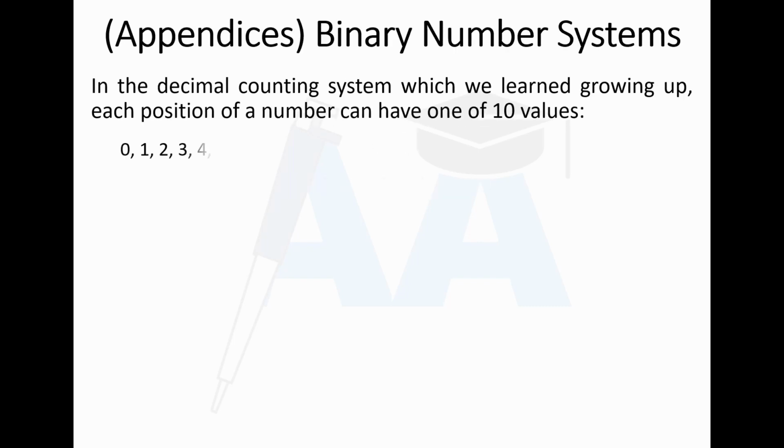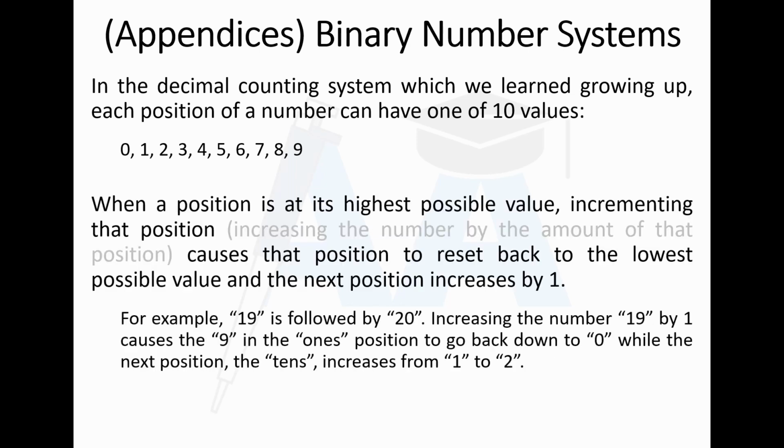So, binary numbers. In the decimal number system, which we learned growing up, each position of a number can have one of 10 values: 0, 1, 2, 3, 4, 5, 6, 7, 8, or 9. When a position is at its highest possible value, incrementing that position causes that position to reset back to the lowest possible value, and the next position increases by 1.